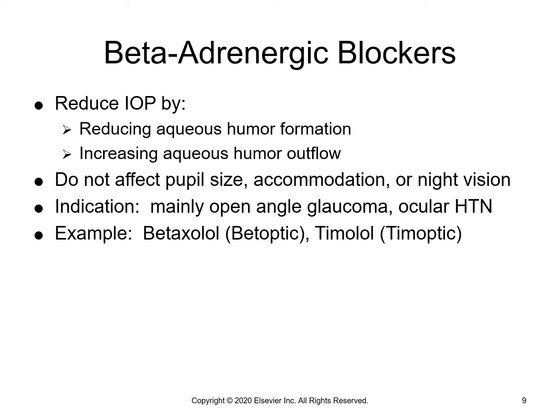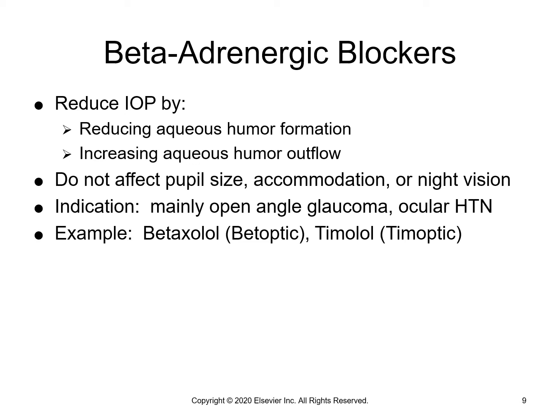So the beta-adrenergic blockers are one of the most common classes prescribed for the treatment of glaucoma. They do decrease intraocular pressure by reducing aqueous humor formation and increasing the outflow. They have no effect on the pupil size.